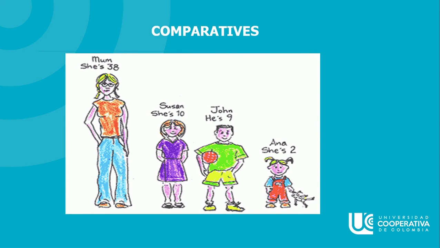Now, let's use this picture to make some comparisons. We have in here a lot of information to gather from each subject, and with that you can write down some examples about comparatives.